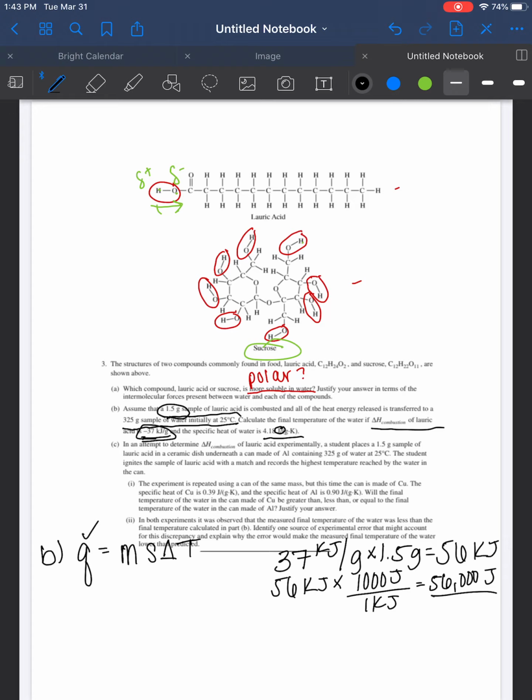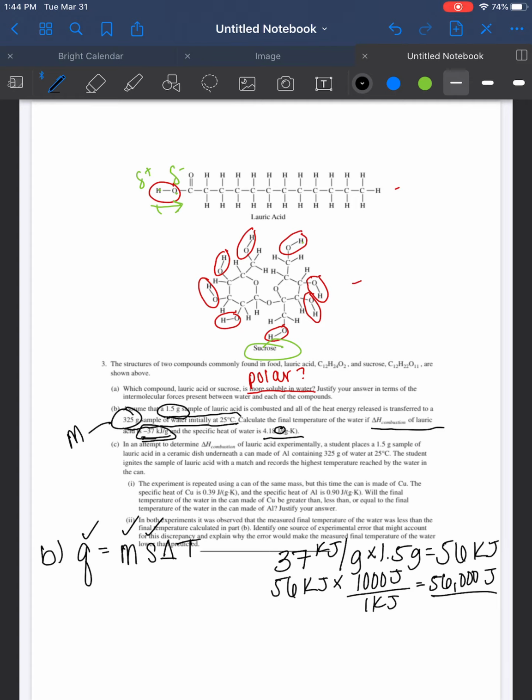Okay, so we have our Q, which is 56,000. Our M is our mass of water, which is 325 grams.